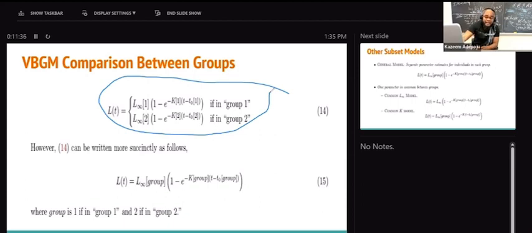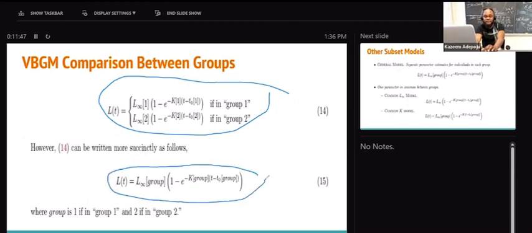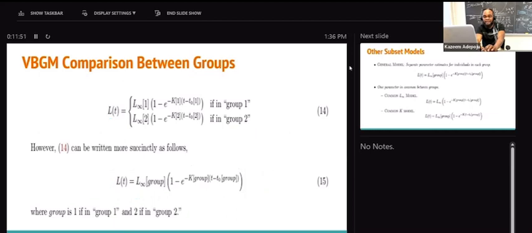Another way I can write the general one, if I don't want to write it and indicate group 1 and group 2, is to rewrite it as equation 15. That's another way I can write it. Take a look at that: you can see that I put group on L infinity, group on K, and group on T0.